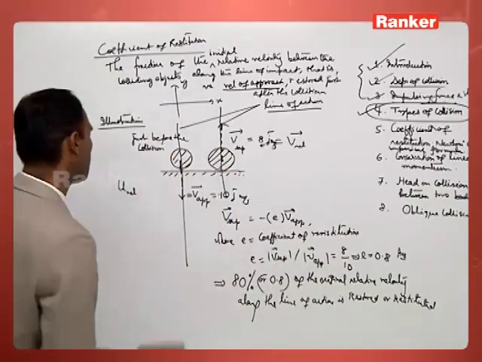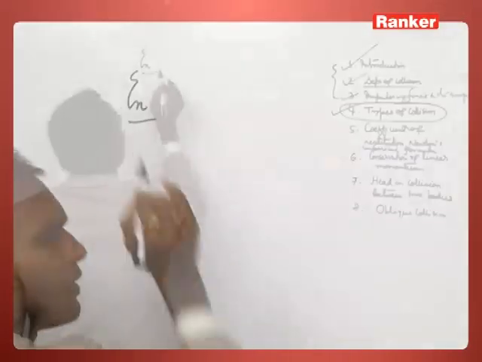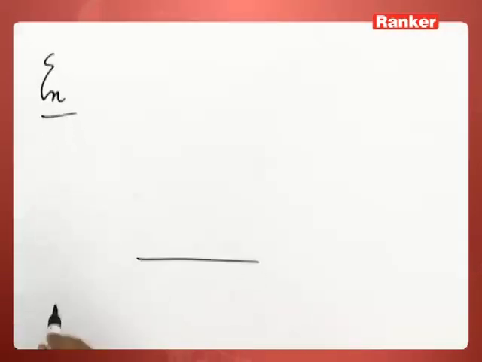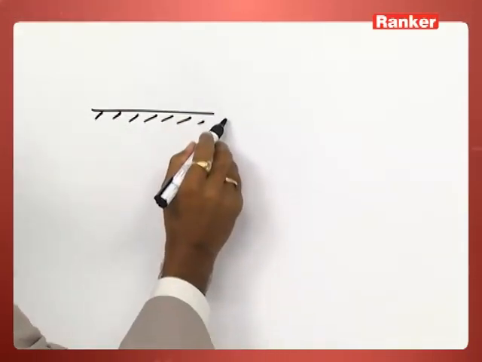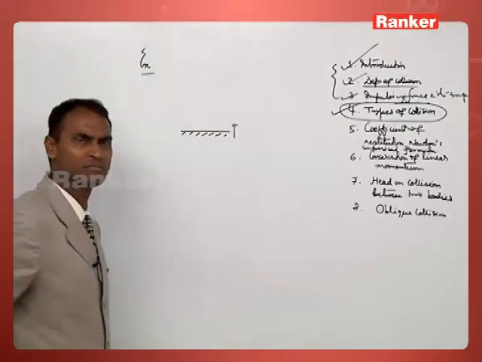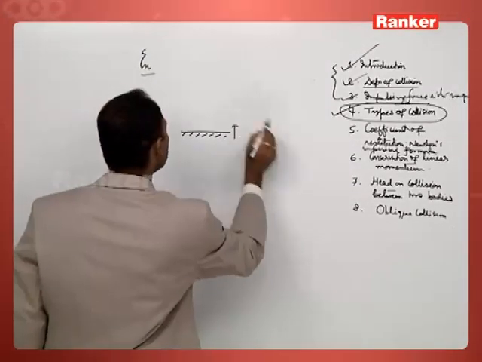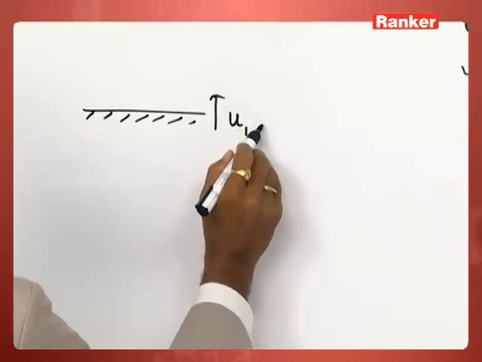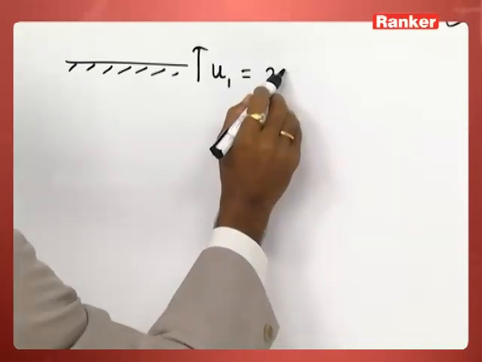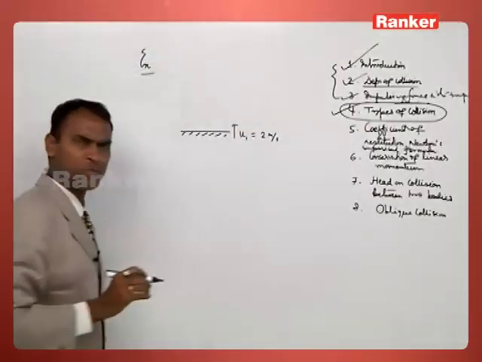Let us take another example. Let the ground move up with the velocity u1 is equal to 2 meters per second up.